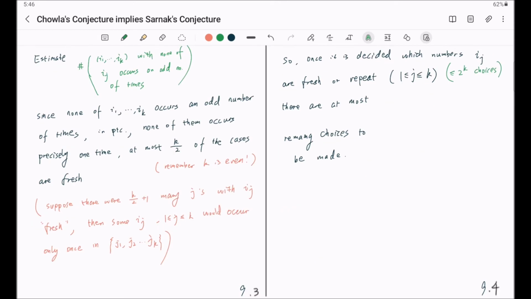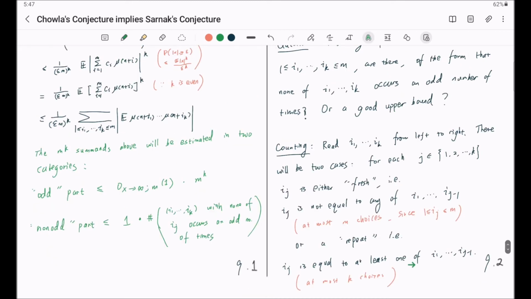So we would expect the worst case scenario is that there will be m raised to the power k divided by 2 times, noticing that the remaining cases are repeats.